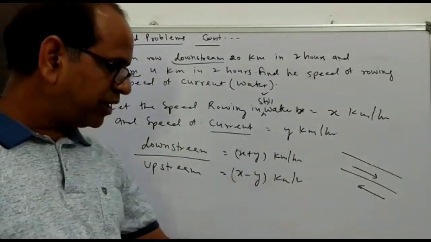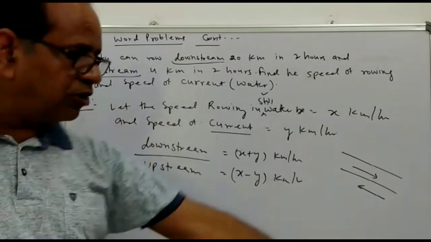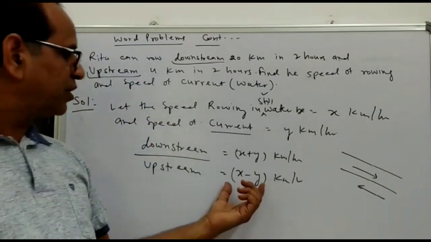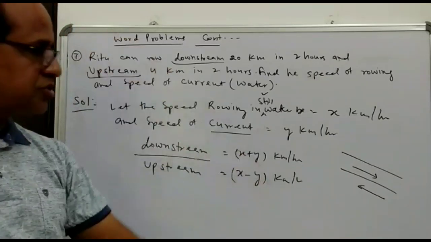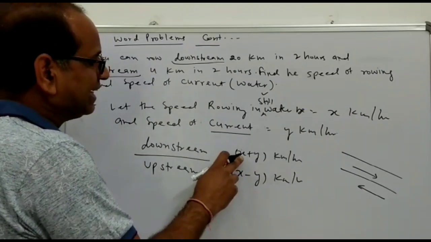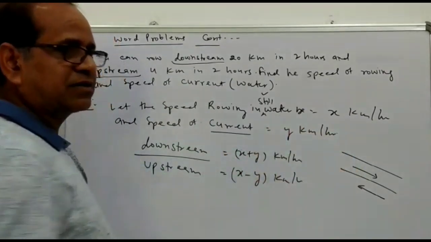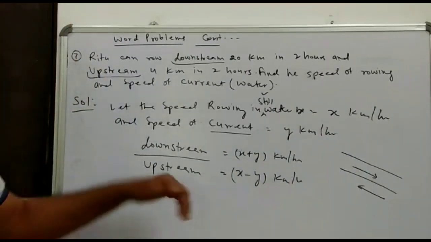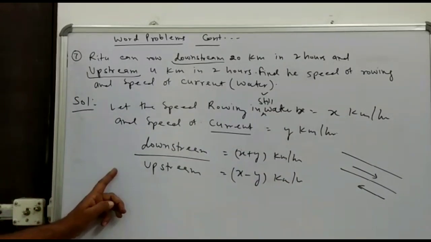You are going 10 km this side and the water is going 2 km the other side, so ultimately you will be going only 8 km. But if you are going downstream, then it is 10 plus 2, means 10 is your speed and the speed of the water is 2 km, so it will be 12. So this is the meaning of upstream and downstream.